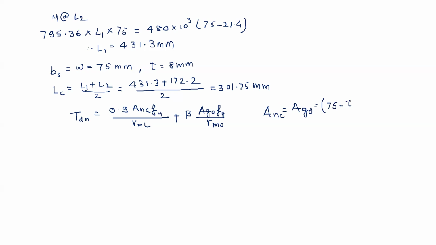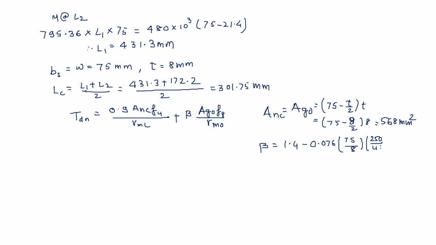So B minus T by 2 into T. So 75 minus 8 by 2 into 8. And this value comes to 568 mm square. And now beta we have to find, which will be 1.4 minus. Now I will directly put the values. W is 75, T is 8, 250 upon 410, BS is 75 and this is 301.75.